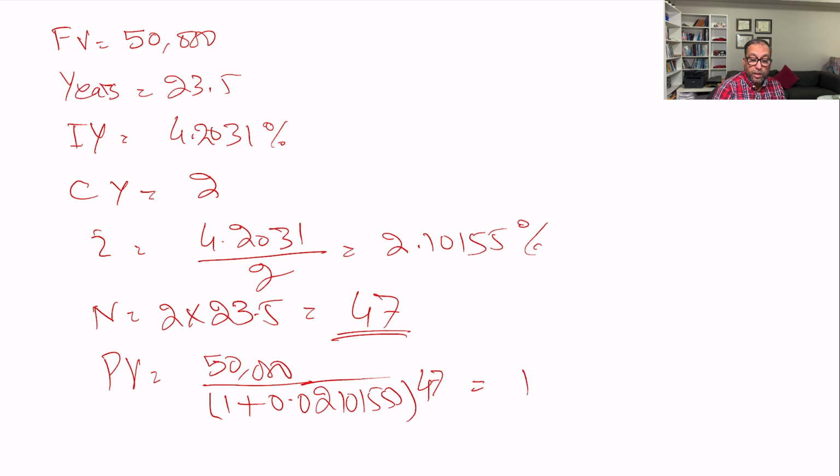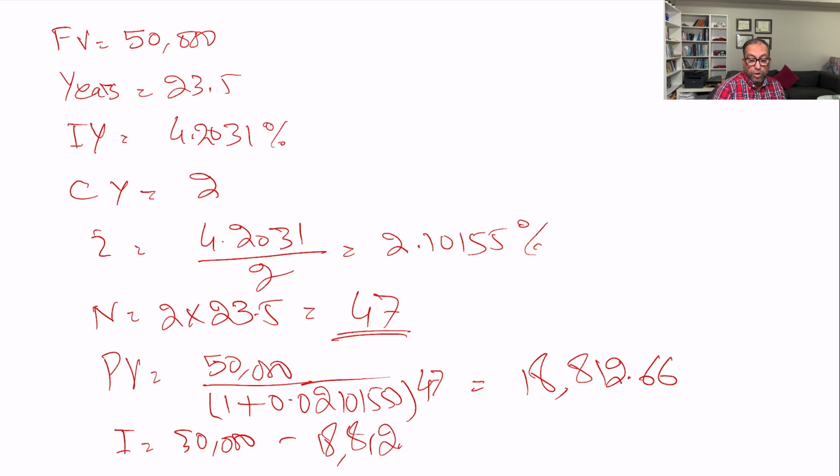So we get 18,812.66. We are also looking for the total interest. So the total interest is 50,000 minus 18,812.66, which is 31,187.34. That's the money they're going to gain.